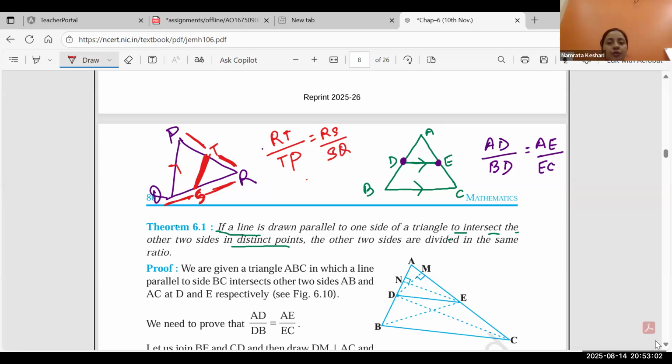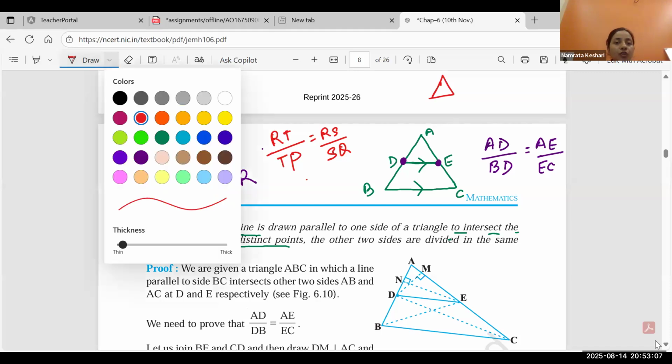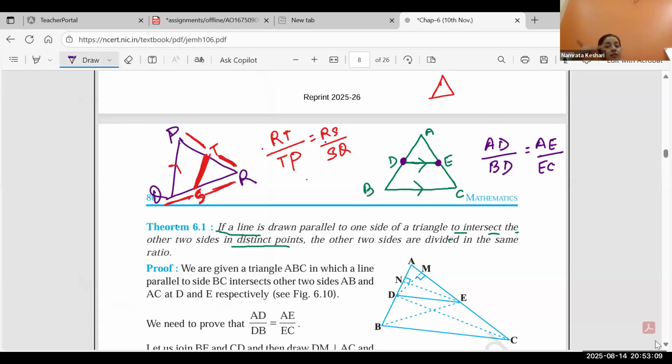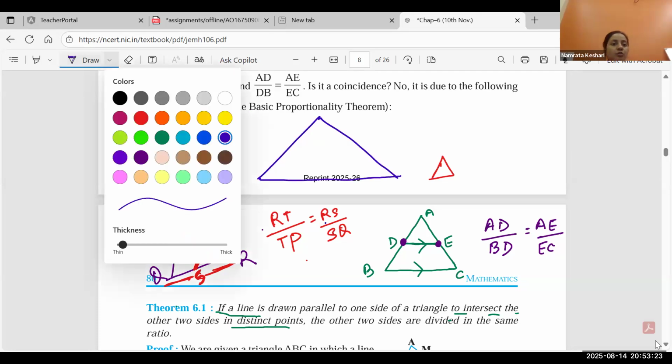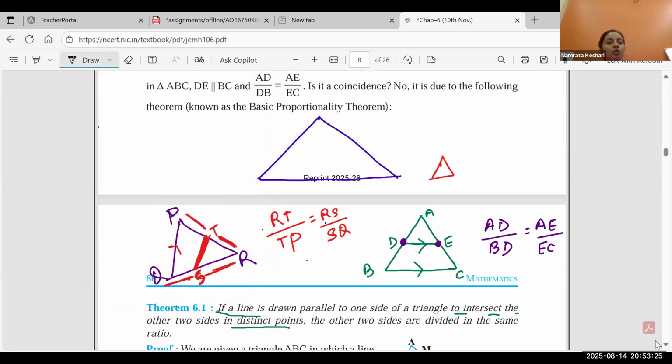If you have a triangle and a line parallel to one of the sides, it is not mandatory that it will be parallel to the horizontal line. We always take it parallel to horizontal, but the parallel can be in any direction. Suppose the line is parallel to this side, like this.